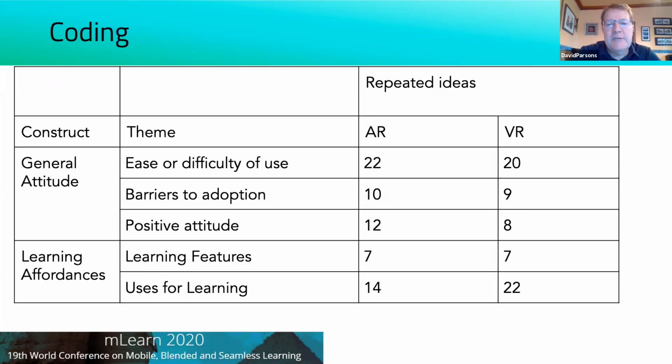Now, this isn't the full table. If you have a look at the paper in the proceedings, you'll see that the repeated ideas do show a number of different concepts coming to the fore in the coding. But I guess what I wanted to say here was that our themes ended up being the same. So the things that the repeated ideas surfaced, even though a lot of those repeated ideas were talking about different things, ended up in those very generic themes.